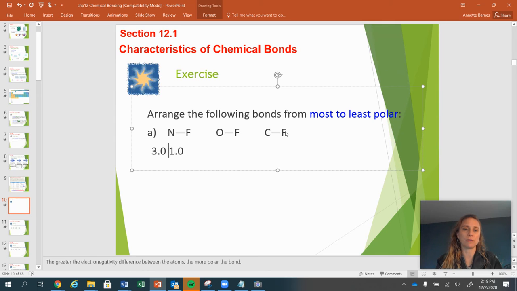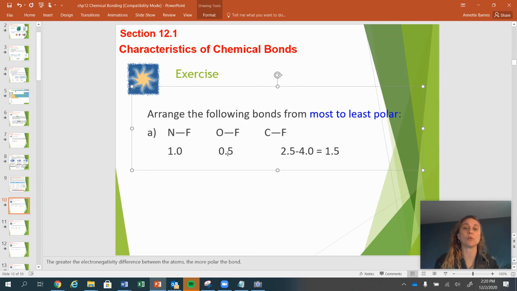Oxygen and fluorine, that's going to be still 4.0 for fluorine, but 3.5 for oxygen this time. That's a difference of 0.5. Carbon and fluorine, we have to do 2.5 minus 4.0. That's a 1.5 difference.